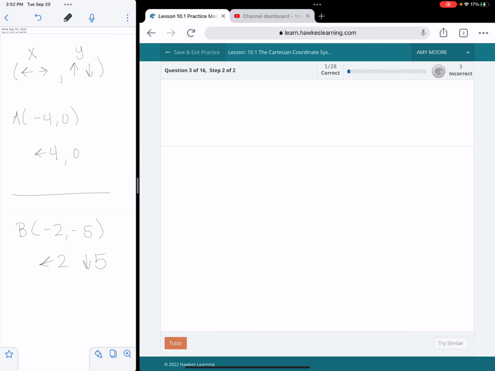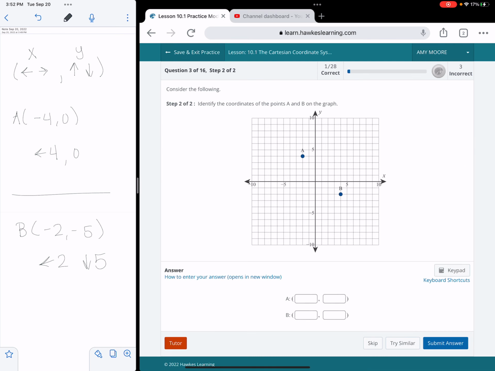Okay? And then the next part, I was going to say, okay, now let's go the opposite direction. Now they gave me 2 points, and they want me to find the actual coordinates. So where are these things in space? Still, I'm going backwards. I have to do left, right first, and then up or down. So A, I'm going to go left 2, and then up 4.